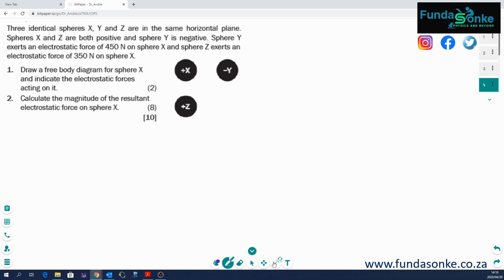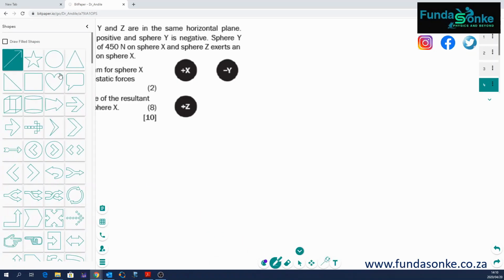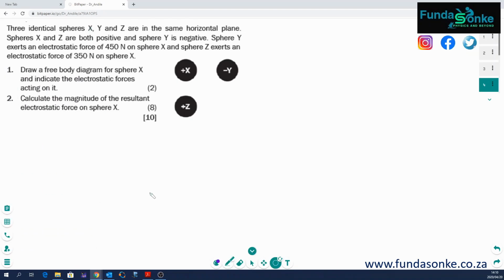So again, I always like to start by drawing a force diagram before I draw the free body diagram. So I'm going to draw my three spheres, in this case, my X, Y, and Z.